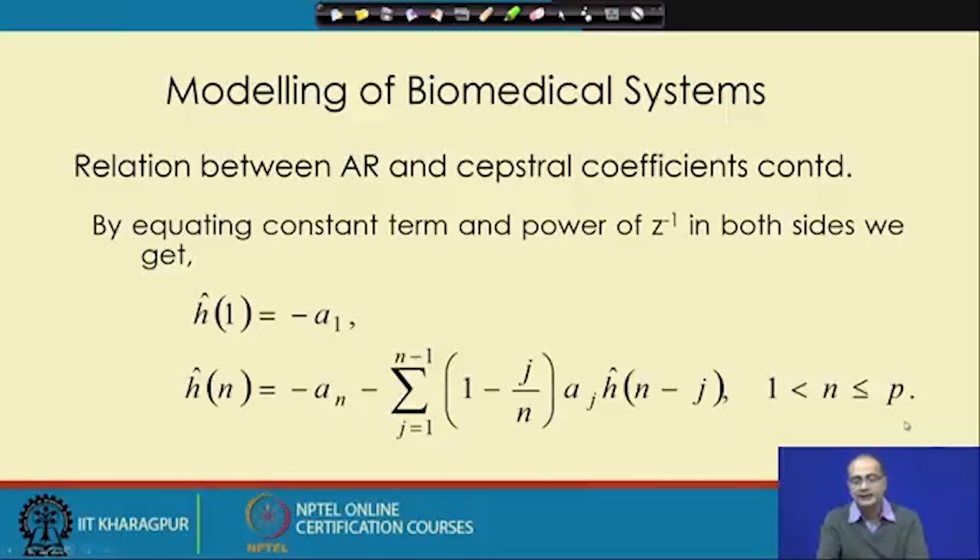Okay. And according to the AR model, the model order is p in this case. So, those many cepstral coefficients are the important ones, and we can compute them using the AR coefficients.